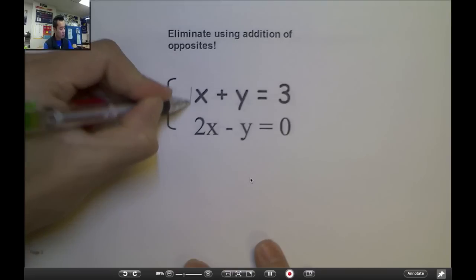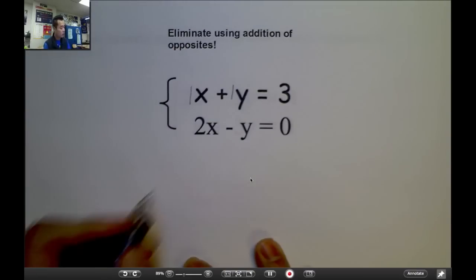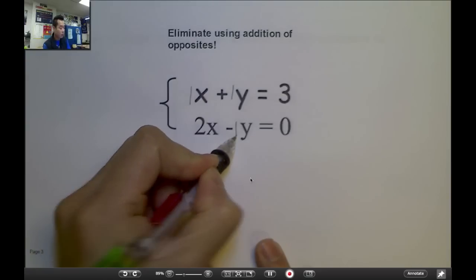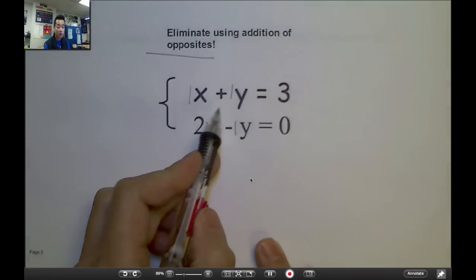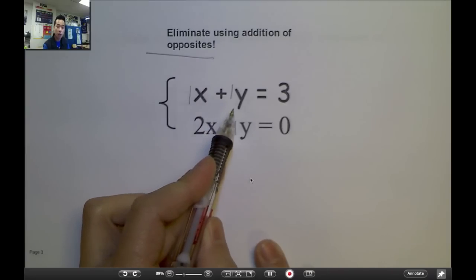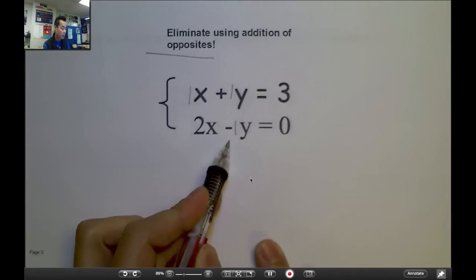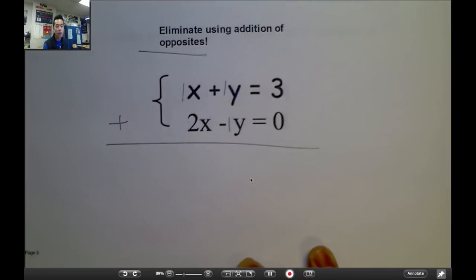The coefficient here is 1. The coefficient here is also positive 1. The coefficient here is negative 1. We're going to find the opposites. And luckily, in this example, I have a positive coefficient 1y and a negative 1y. So all I have to do is add the two equations. I eliminate by adding the opposites.